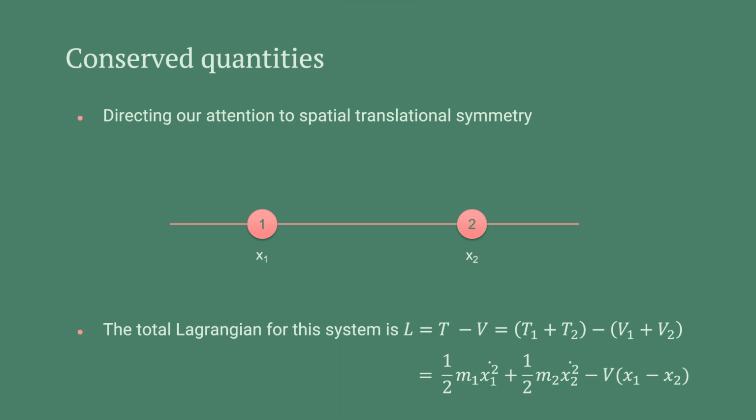Because we're looking at the system as a whole, we're going to take T1, which is kinetic energy from number 1, and T2, which is kinetic energy from number 2. And then the same with potential energy, V1 potential energy from 1, V2 potential energy from 2.